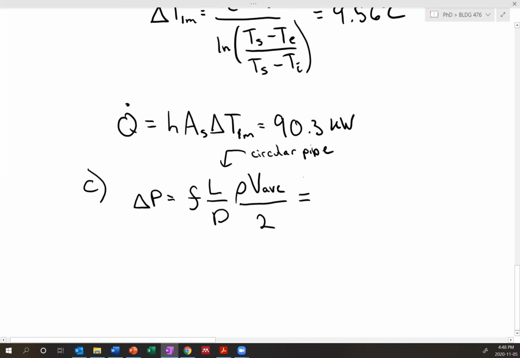All right. So we know pretty much everything. We know the length of the pipe, the diameter, the density we got at the beginning when we read the properties, our average velocity. The only thing we don't know is our friction coefficient. So we know that our friction coefficient for, again, laminar flow is 64 over our Reynolds number.